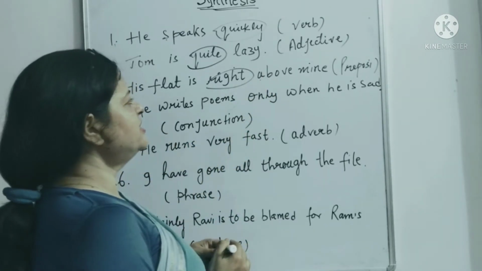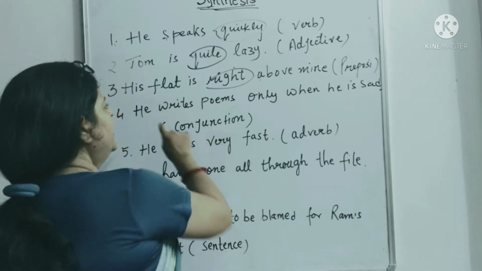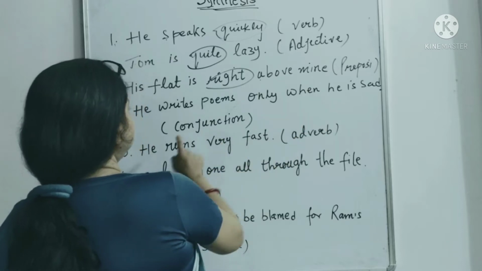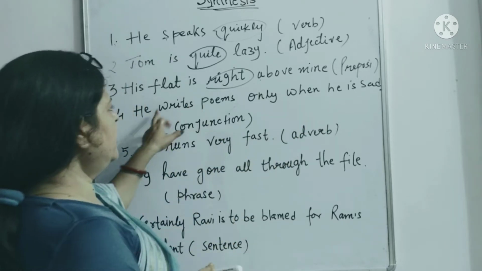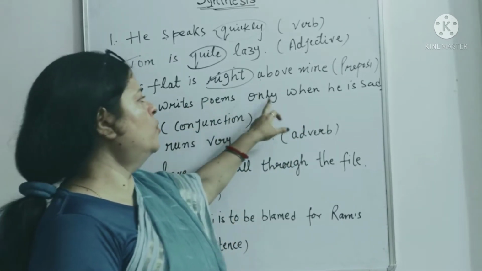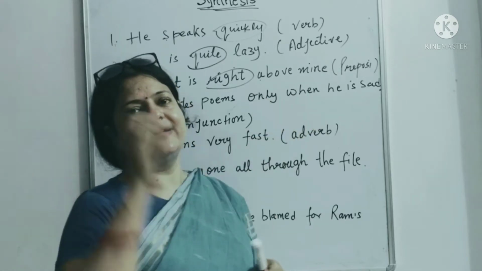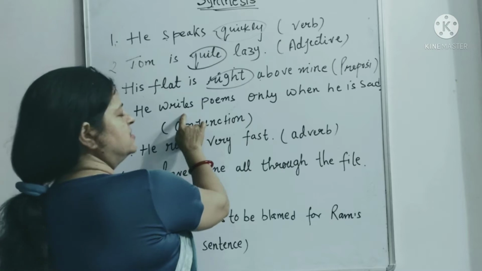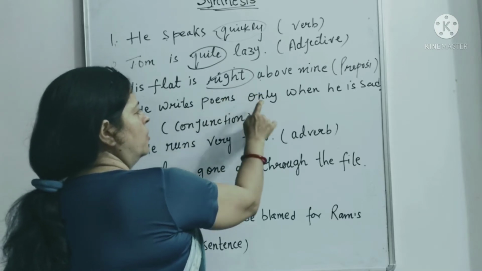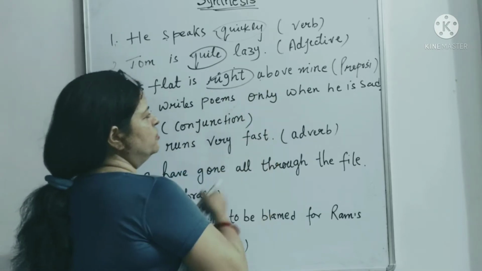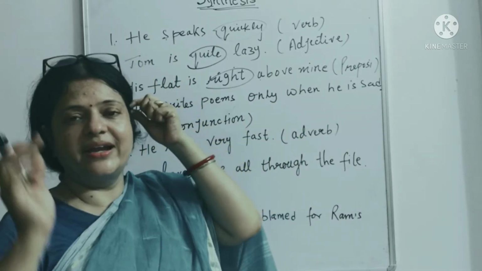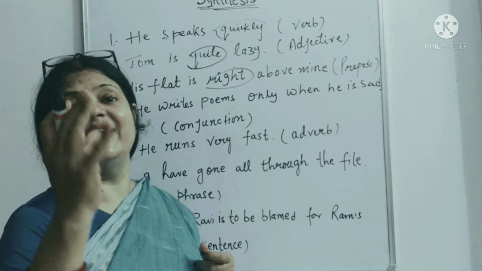Now, he writes poem only when he is sad. In this sentence we see he writes, this is the verb, poems only when. So when is a conjunction, we know that it's a connective word, or we can call it a connector.